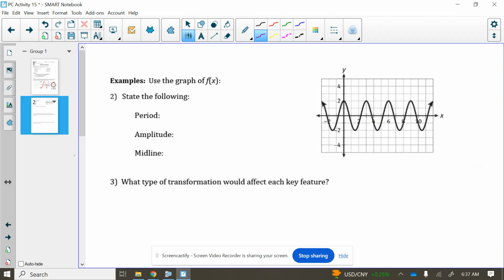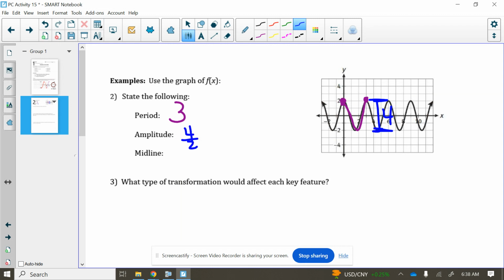Another example is if they are actually giving us a graph of a situation. In this case, they want us to state the following. The time it's taking our graph to go up, down, all the way back to the beginning, in this case max to max, that's our period. That's 3 seconds. The amplitude is half the distance between the max and the min. So this total distance is 4 units.